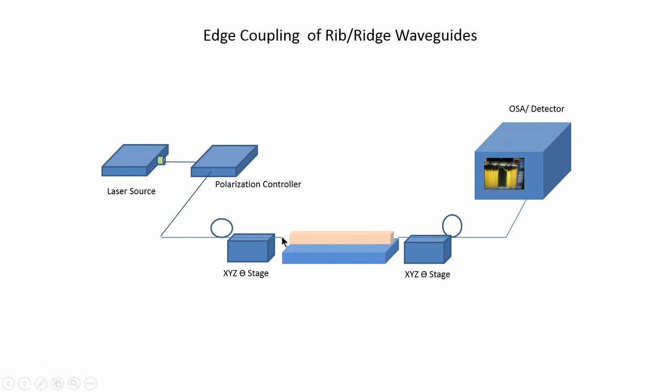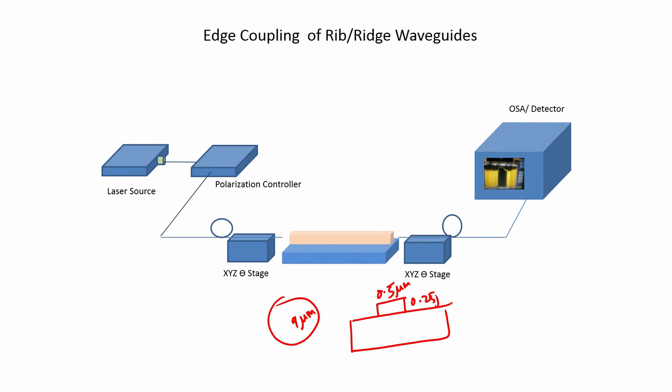Typically, the optical fiber itself, as you know, has a circular cross section of 9 micron, and the typical integrated optical waveguide devices have dimensions of the order of 0.5 micron by 0.25 micron. So, on a typical silicon waveguide you have half a micron by a quarter micron, which is very small compared to the dimension of the optical fiber.